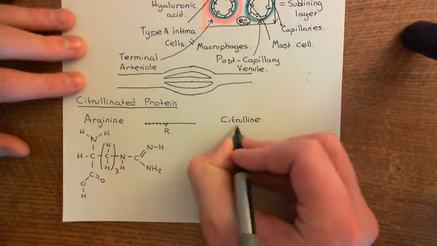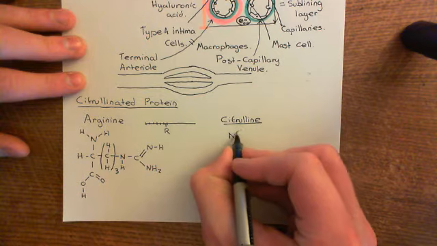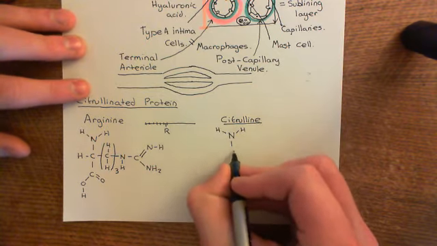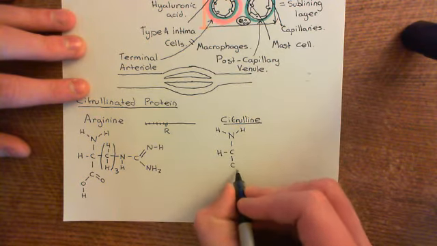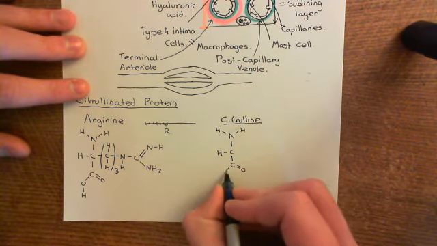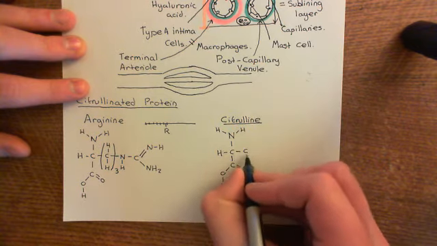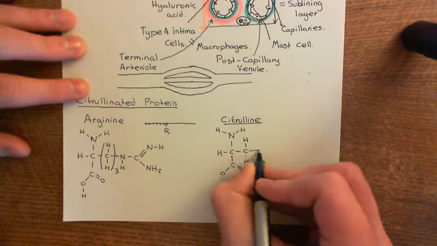Let me show you the structure of citrulline. So here is the amino group here. It's an amino acid, so it's got an almost identical structure. It's got the core structure exactly the same as arginine. So here's the core amino acid structure. And then its R group, again it has 3 methylene groups like so.